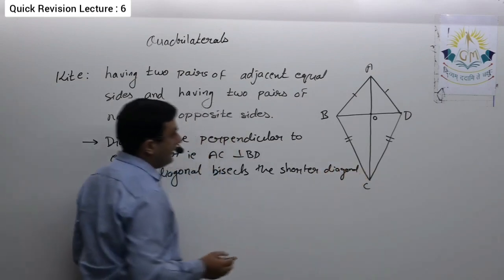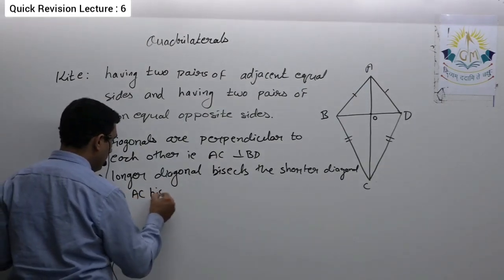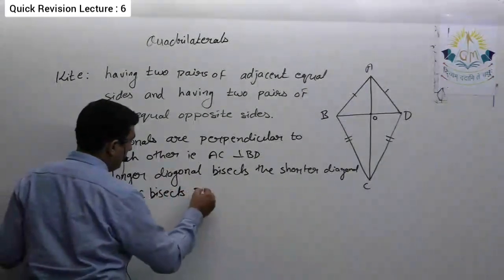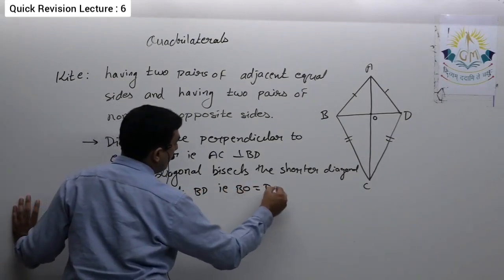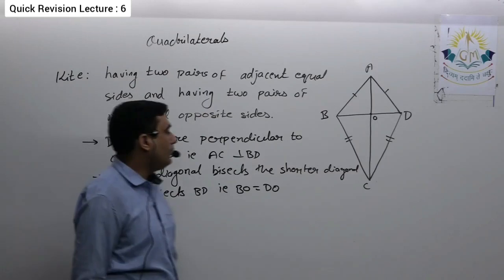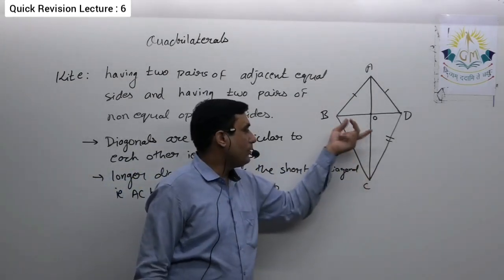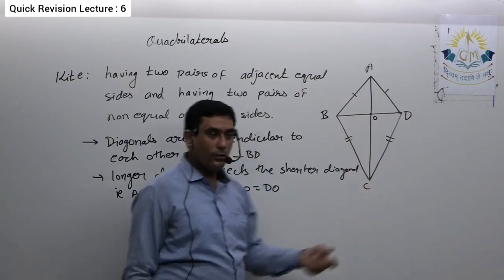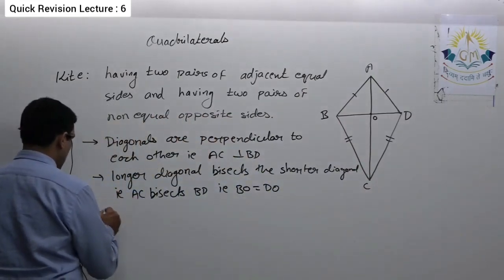That means AC bisects BD, that is BO is equal to DO. But AO won't be equal to CO because BD is not bisecting AC, or the smaller one is not bisecting the longer one. Only the longer diagonal bisects the shorter one.